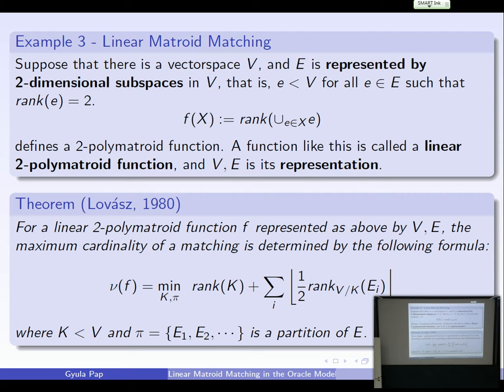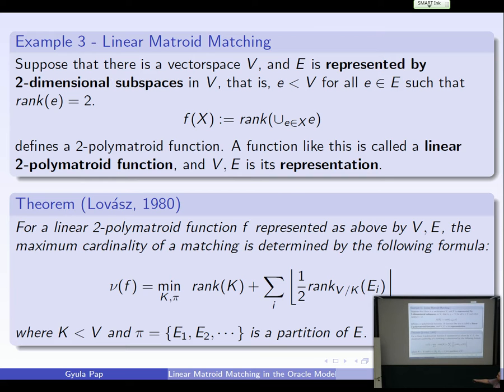The issue is actually related to this. The issue with Lovász's result is that we really need linear algebra. In this min-max formula, the minimum is taken over a partition pi, which is the combinatorial part. It is a partition of the ground set into any number of subsets, and a subspace K of the vector space.